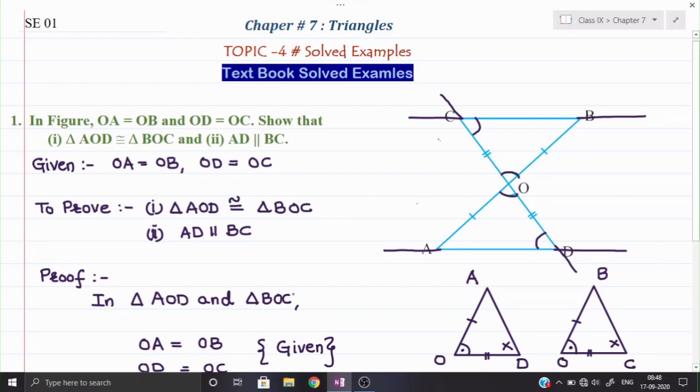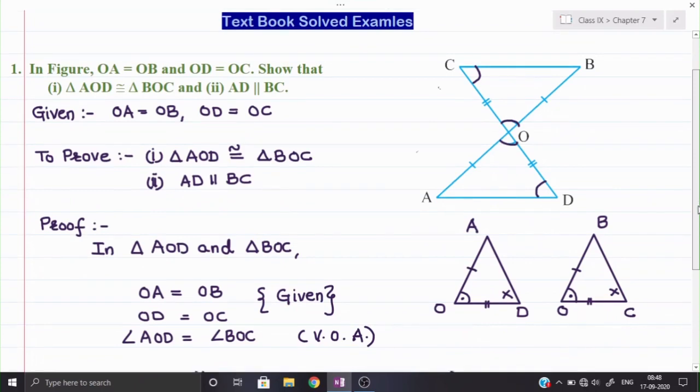So from your mind, please erase temporarily the line AB. Look at the transversal CD. Now look at these two angles. Definitely you will observe these two are alternate angles, and we know that if alternate angles are equal, then the lines are parallel. So here actually these two angles we got equal, but these two angles are basically alternate angles.